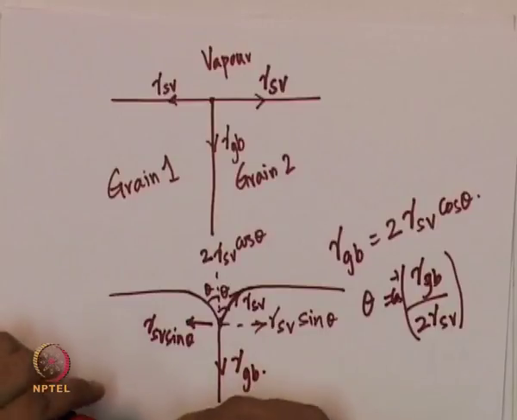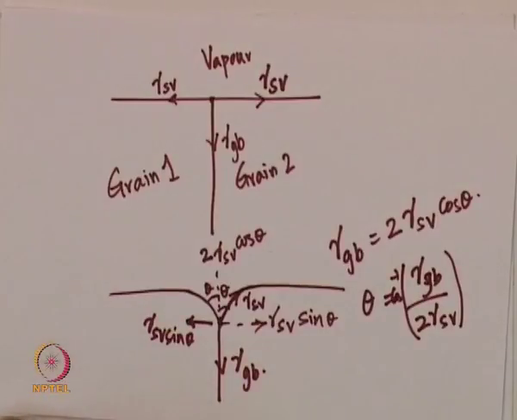Now, there are many different physical scenarios and many different reasons for grain boundary grooving. For example, if the other phase is not vapor, but a liquid, what happens to the boundary groove? There also there will be grooving, except that the energy it will balance will be the liquid melt and solid surface energy.